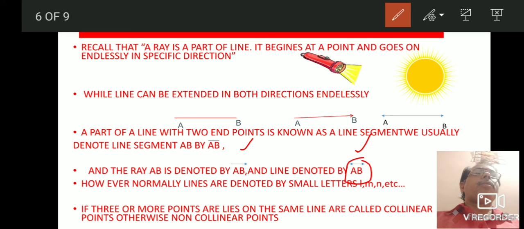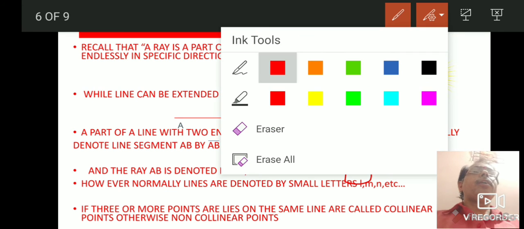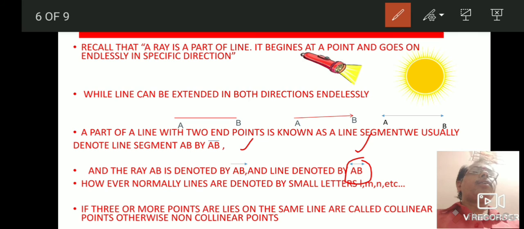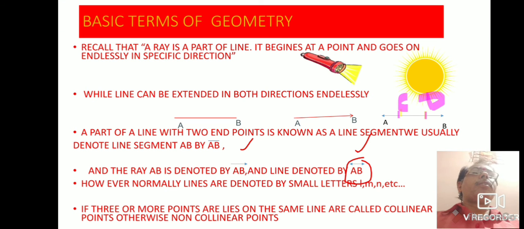So for example, on this line I am taking 2 points, one is C and the other is D. If these two also lie on this AB line, you can say that A, C, D, B are collinear, or otherwise those are non-collinear points. Okay.